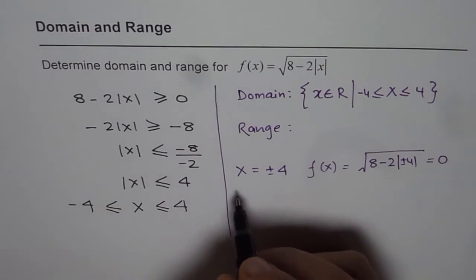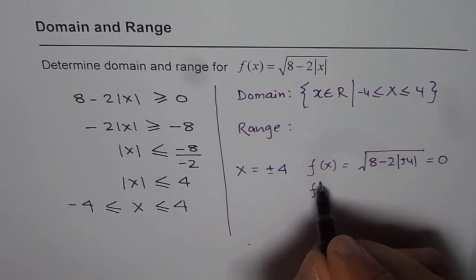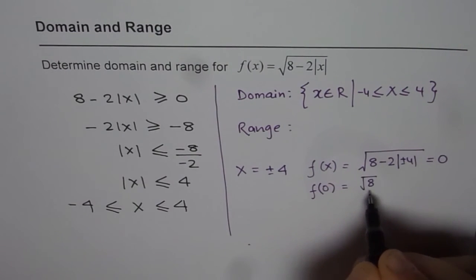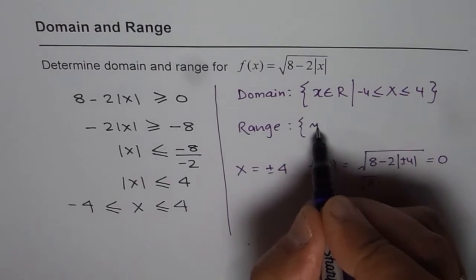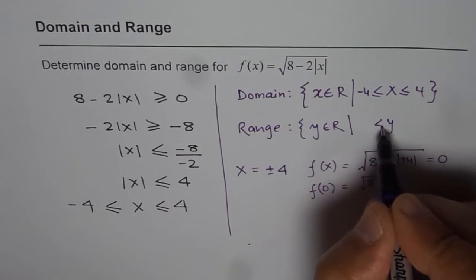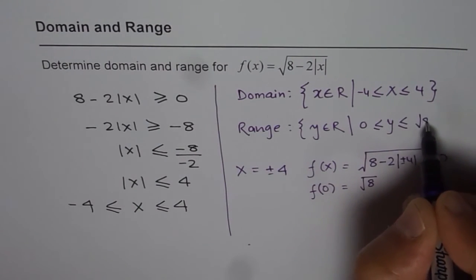To get the maximum value, we can substitute 0 for x, right? So f of 0 is equal to the square root of 8. So that is the maximum value. Therefore, we can write the range as y belongs to real numbers so that y is greater than or equal to 0 and less than or equal to the square root of 8.